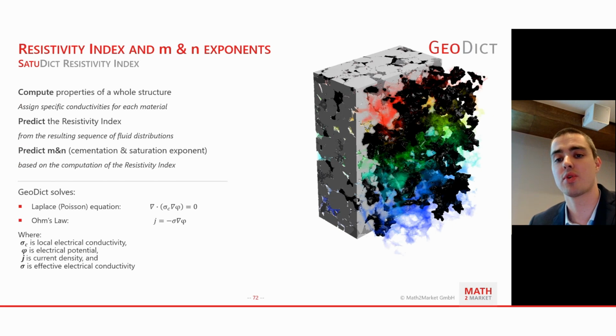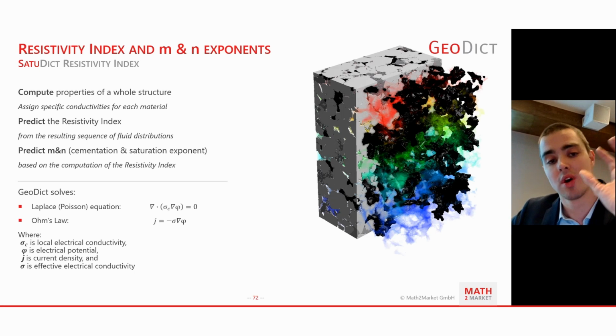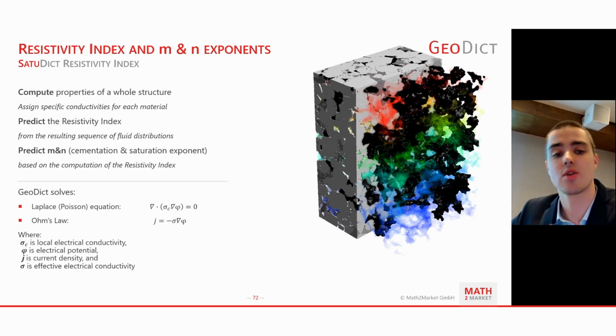This is computed, for instance, for a pore structure where different conductivity properties are assigned to different materials such as brine, oil, and quartz, and then the computations go into predicting the resistivity index and subsequently arriving at the M and N, or cementation and saturation, exponents.